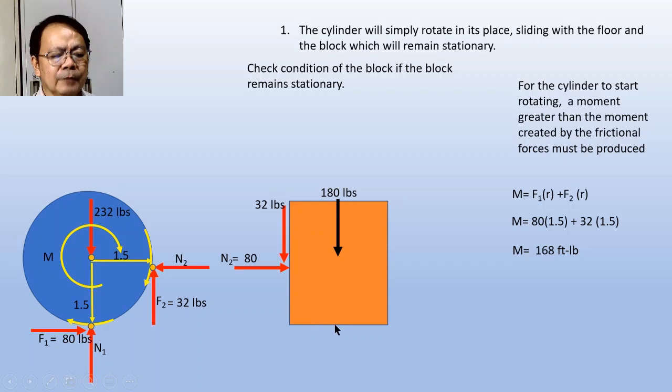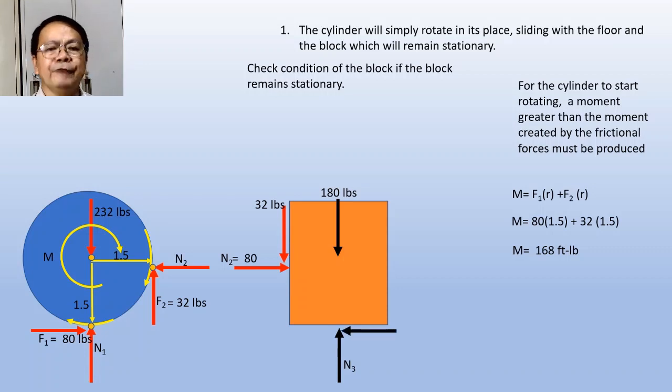Sa makatwid, at the floor na kung saan the block is in contact, meron ngayong reaction na ini-exert ngayon ang floor, which is directed normal, and we call this as normal or n sub 3.